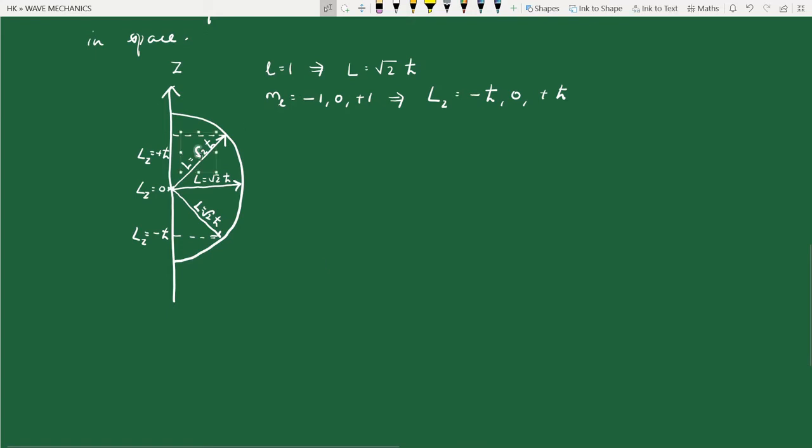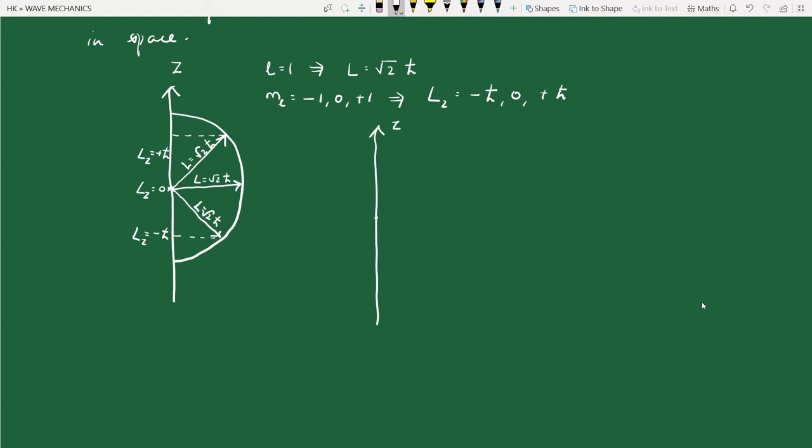Okay, and let us consider more details. In fact, in this figure, we have shown only one particular direction, one particular vector with the projection plus h cross. But there can be other directions with projection plus h cross. Let me redraw this figure once again. This is a direction.